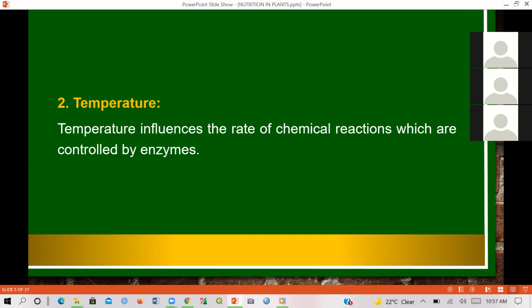Plants also have very many enzymes, and some of these enzymes in plants aid in speeding up the process of photosynthesis. And because all enzymes are affected by temperature, temperature also affects these plants when they are carrying out photosynthesis. So these are the two conditions, light and temperature.